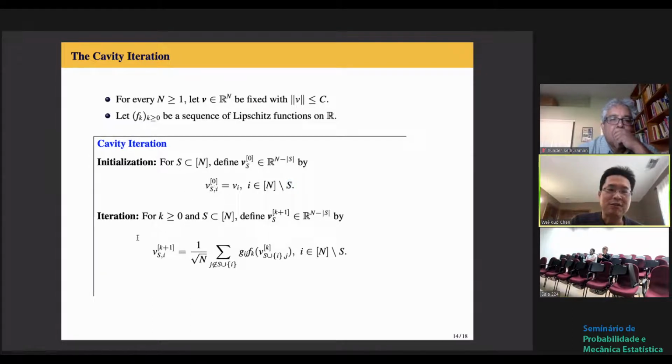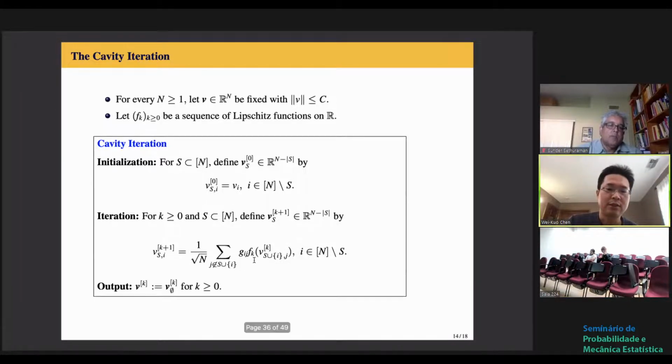So this is my initialization, and the iteration just goes as before. Each iteration I'm going to kick out one element, so this is the new vector I'm going to define. It is defined in the same way as before. I have an S, and I'm going to kick out the I on top of S, so the sum is over J not inside S union I, just like the cavity equation you saw earlier.